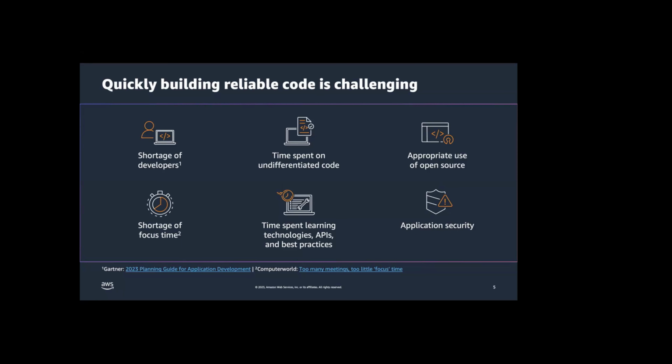Just spending time on boilerplate, non-productive code that doesn't bring business value. And this is not only time consuming for a programmer, it's also boring and laborious, and that tends to produce bugs and might produce security problems, all kinds of issues with undifferentiated code.